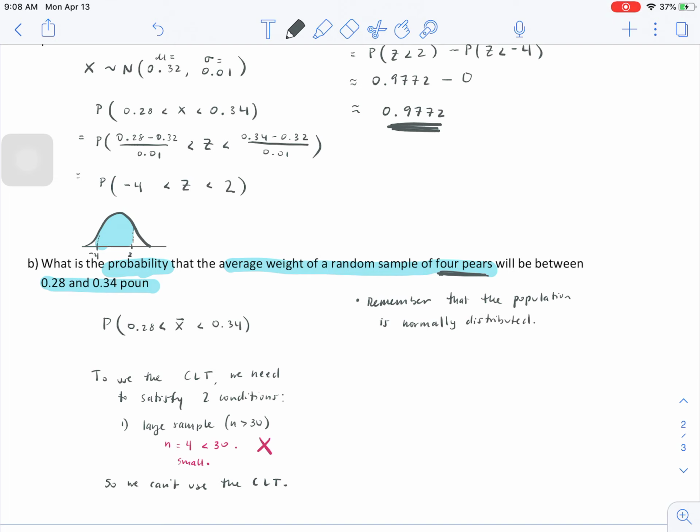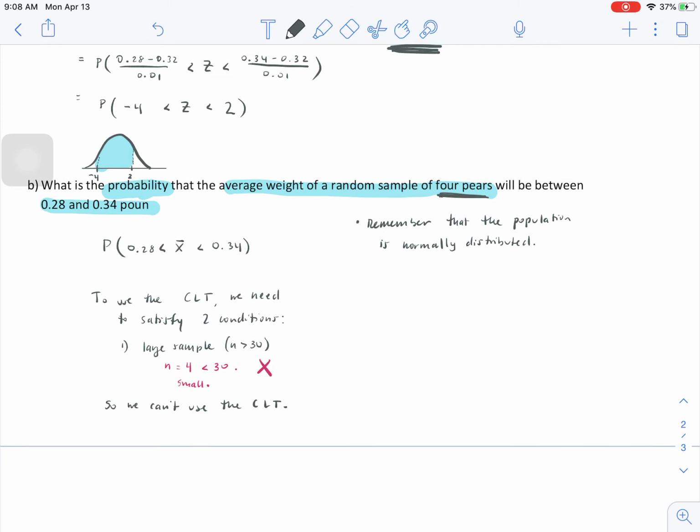And if our population is normally distributed, that means that any random sample from this population will be normal. So as a recap, if our population is normal, then a random sample from it will also be normal.